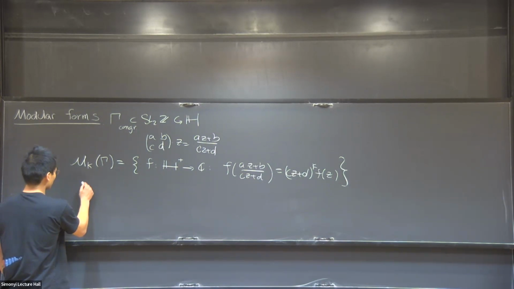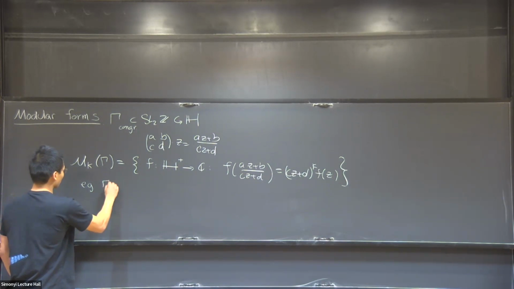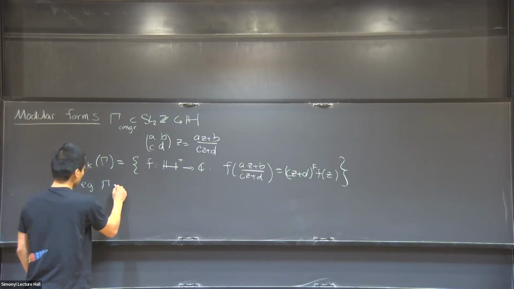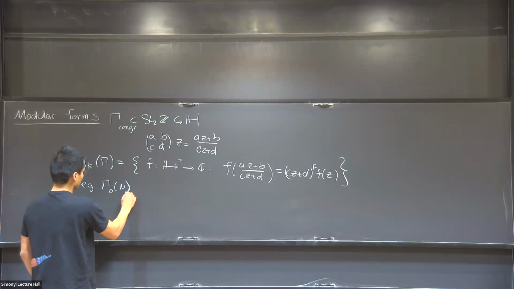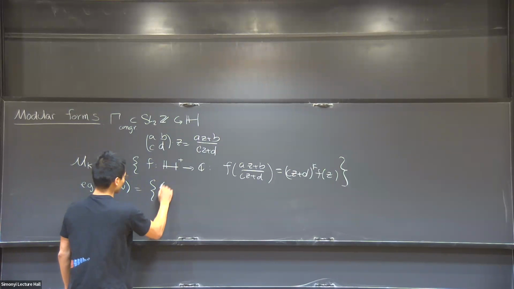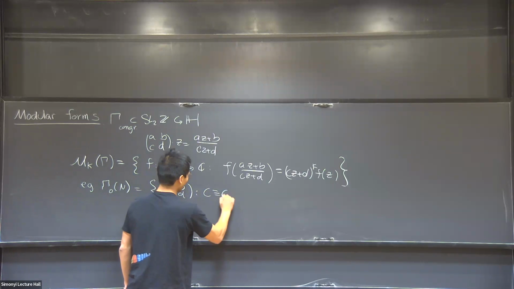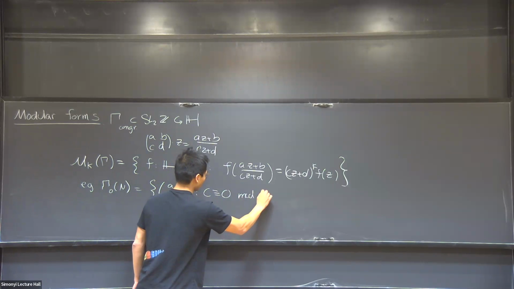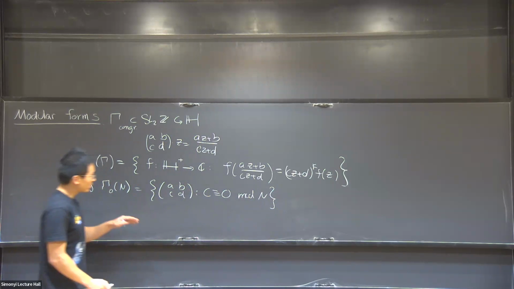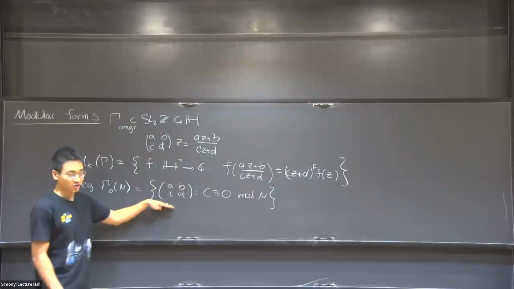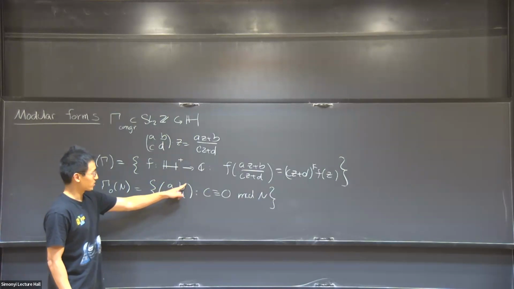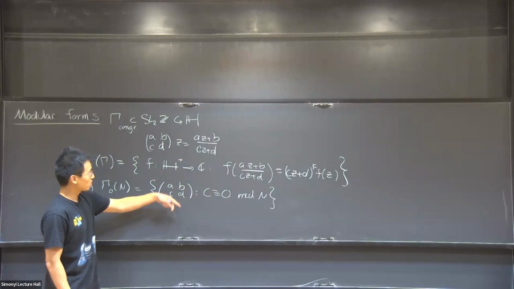Some of our favorite examples of gammas that will come up, other than SL2Z, will be, let's say, gamma naught n. That's matrices A, B, C, D, where C is 0 mod n. Notice that this in particular includes matrices of the form 1, something, 0, 1, which act by translation.